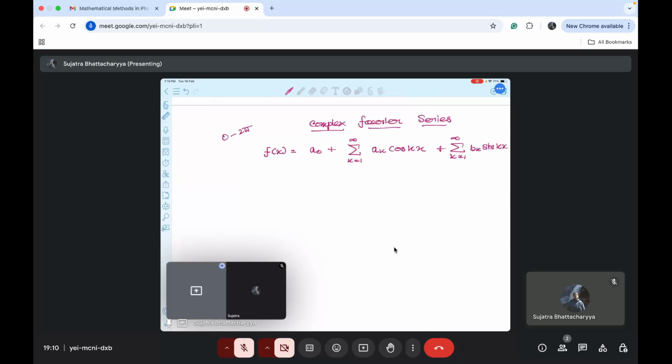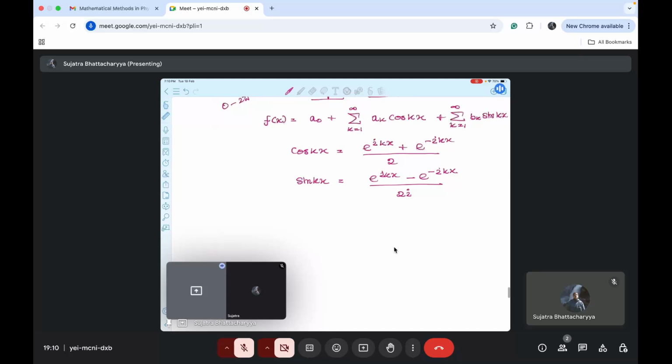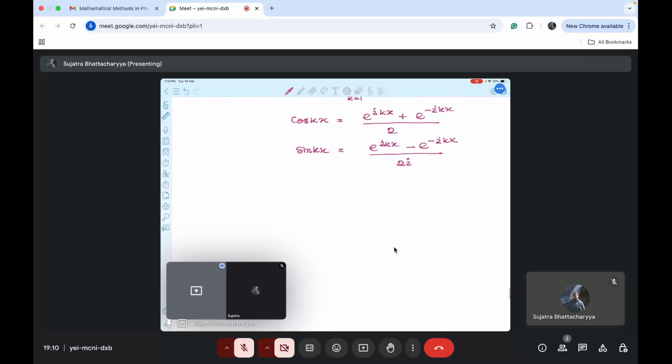Okay. Now we know that cos kx can be written in terms of exponentials like this: e to the power iota kx plus e to the power minus iota kx divided by 2, and sin kx is e to the power iota kx minus e to the power minus iota kx divided by 2i. This is important. Now if we put it in this particular series, we get the complex part.